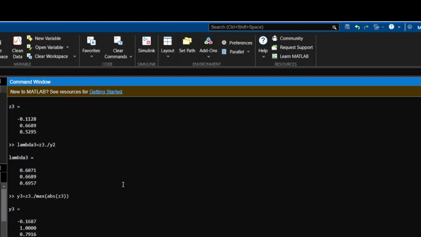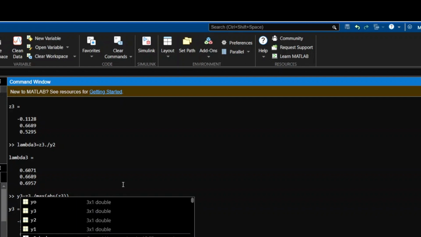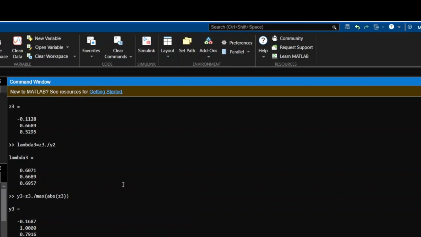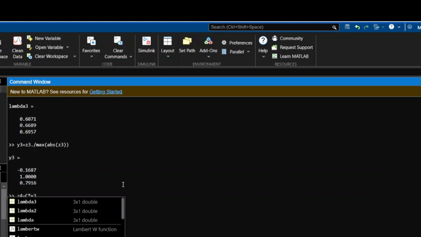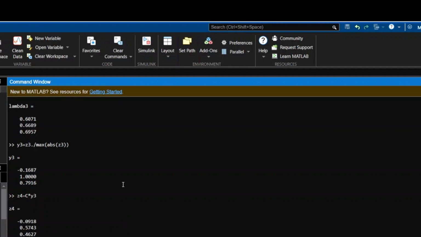Now Z4 will be what? C into y3, right? Yes. And lambda 4. Actually, we have to wait till second decimal convergence because already first decimal it has converged in lambda there.